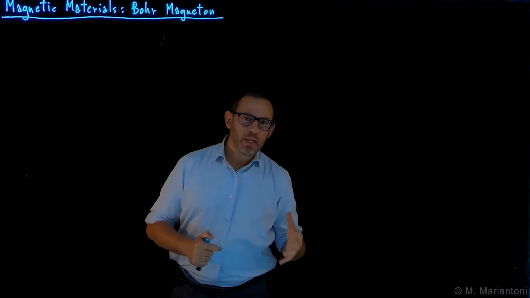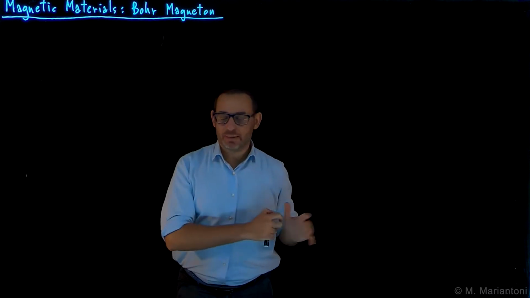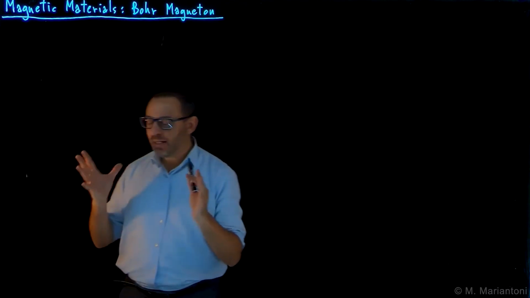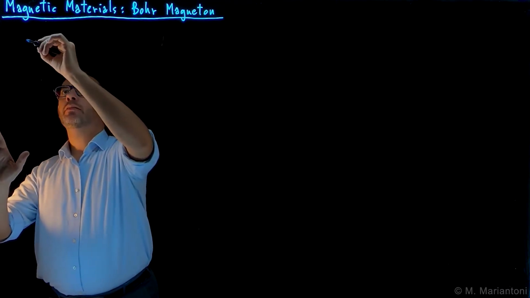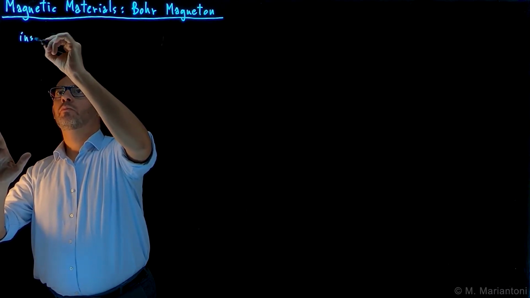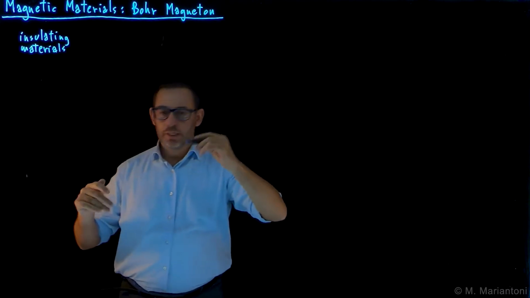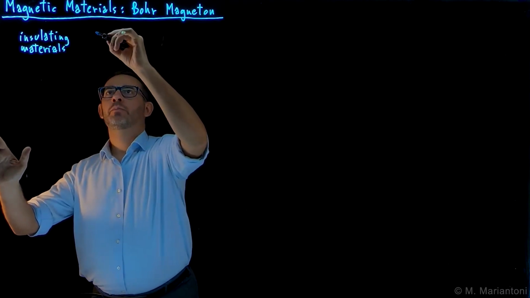We will follow a similar analysis to what we have done for dielectric materials. And so it's worth already now to start to make a comparison between insulating materials here on the left versus magnetic materials here on the right.